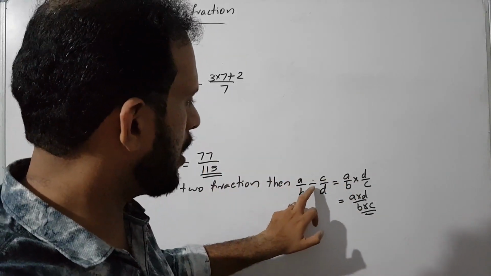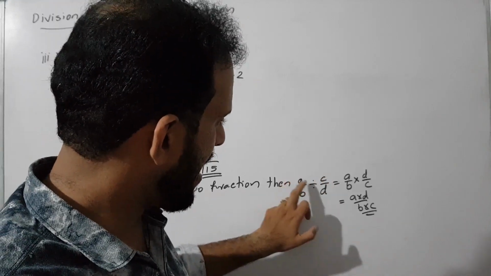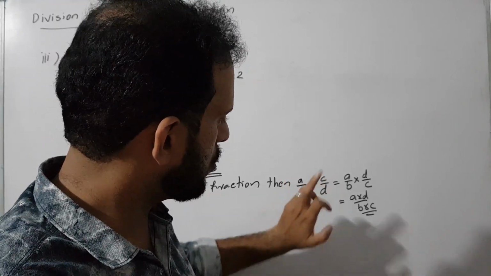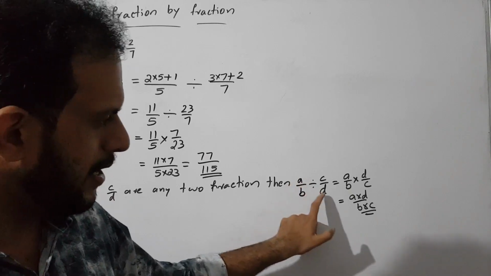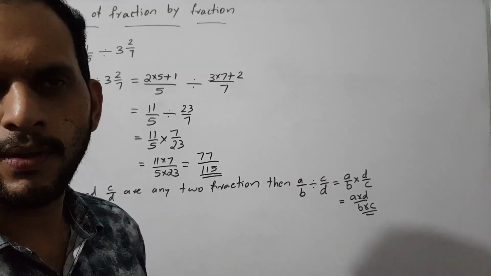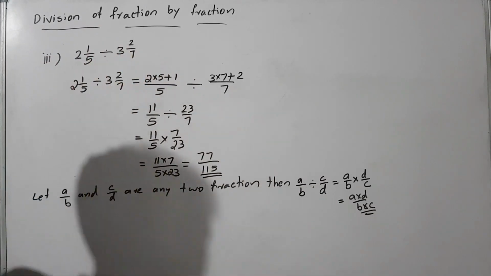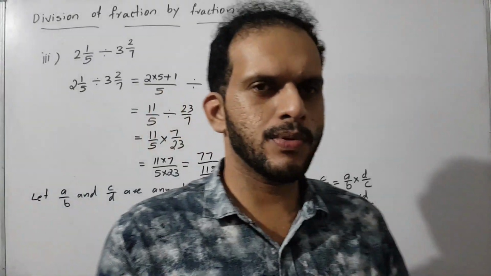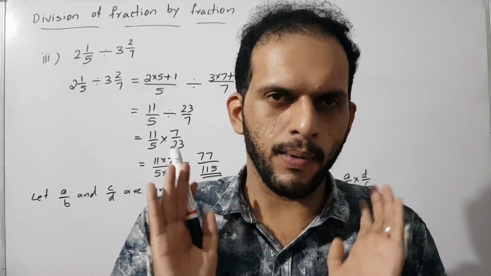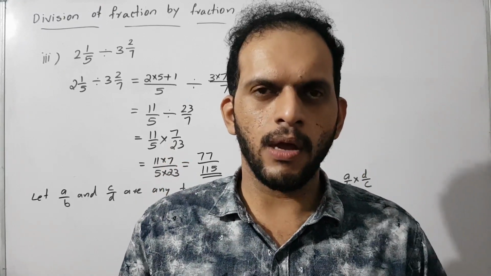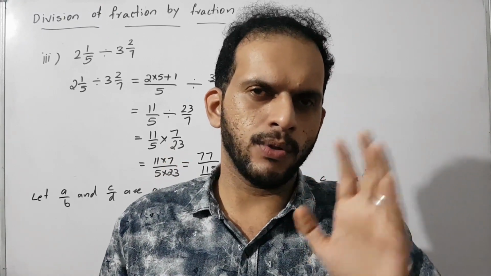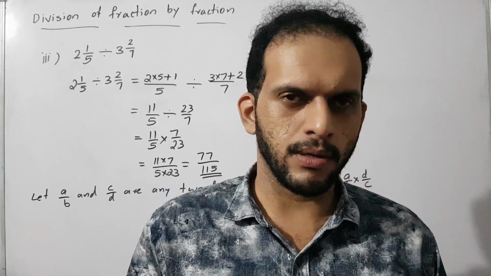A by B divided by C by D is equal to A into D by B into C. Clear? In the case of mixed fractions, there is no direct method. The first step is to convert into improper form. Clear? I think you got how to divide two fractions.